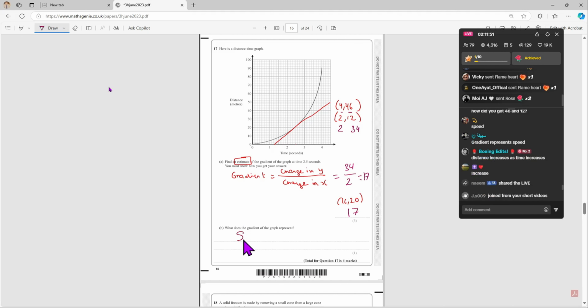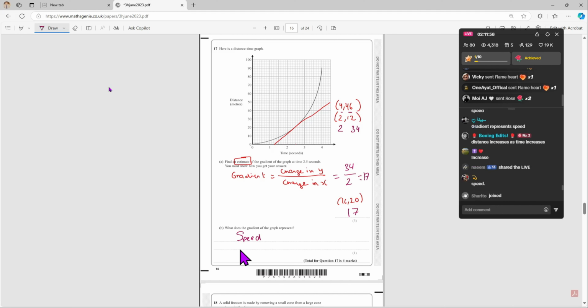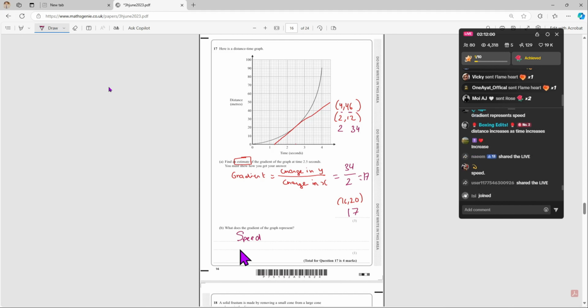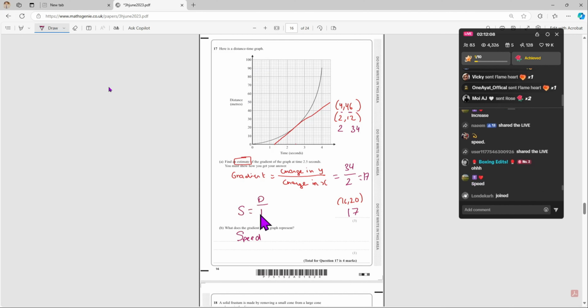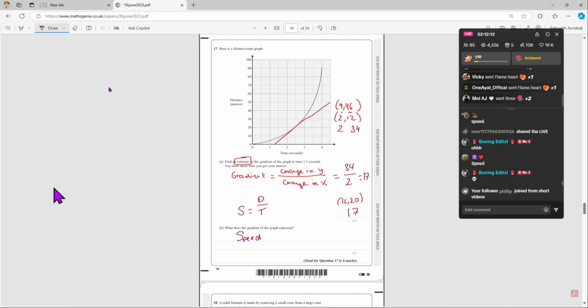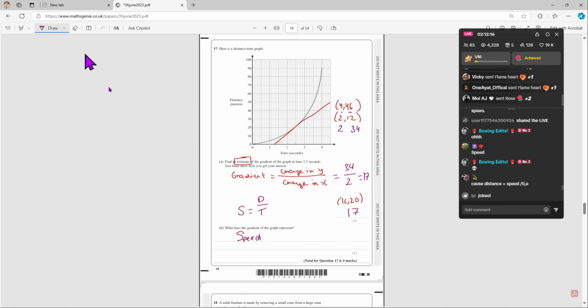Just write speed. The gradient represents the speed. Why? Because on a distance time graph the gradient is always the speed, because speed is equal to distance divided by time. That is why it is the speed. That's why the question is 1 mark, guys.